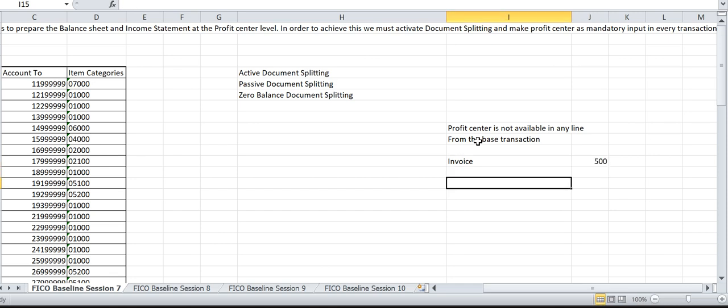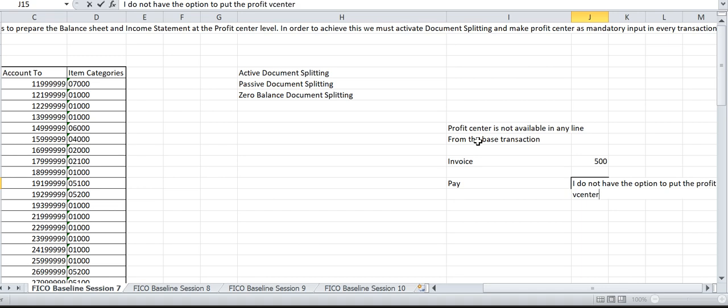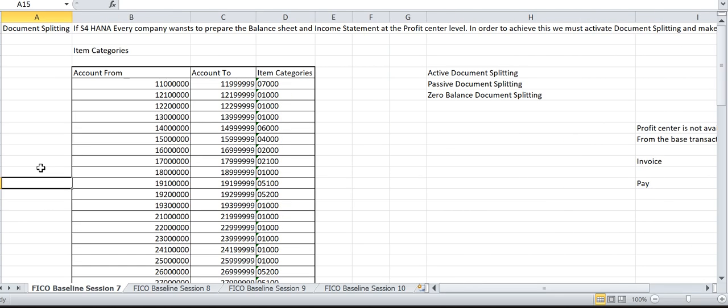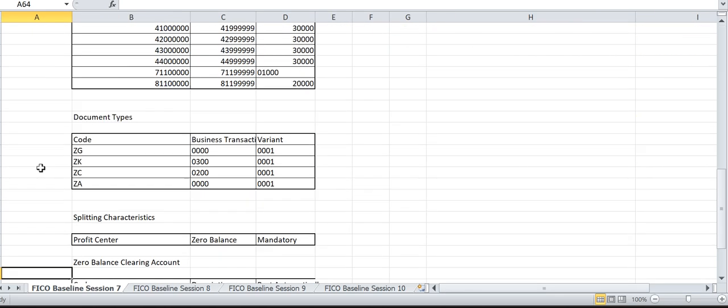Now when I want to make the payment, at the time of payment I do not have the option to put the profit center. So how will the profit center in the payment transaction be derived? It will inherit the same profit center that is there in the invoice.